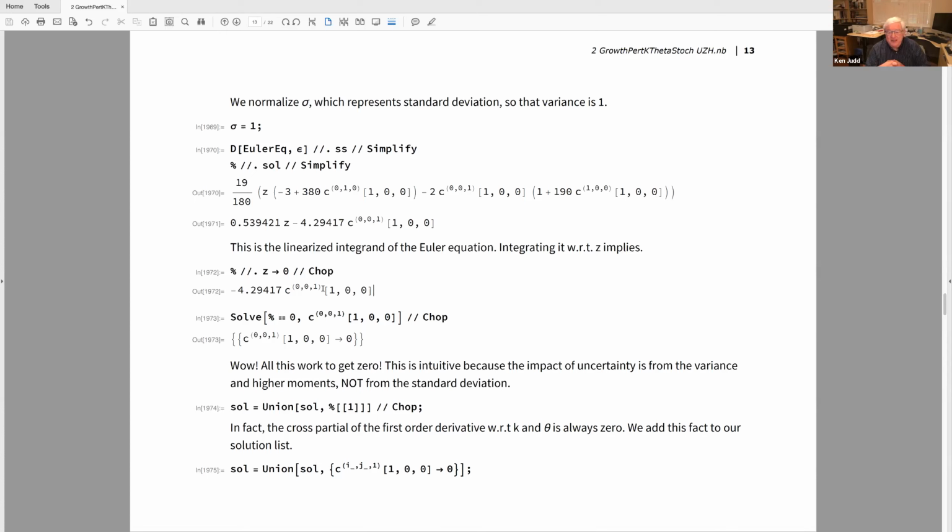But this is very much intuitive because epsilon represents the standard deviation of the shock, not the variance. Remember that in standard economics, in terms of risk premium and things like that, it's the variance that matters, not the standard deviation. Well, it's variance, standard deviation squared, yes, but what's important here is that epsilon doesn't matter.